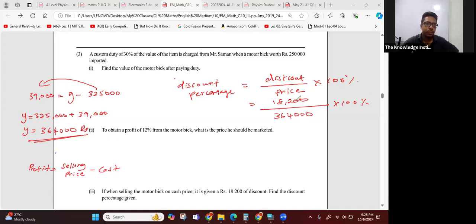Then we can cancel these two zeros with these two zeros, and this zero cancels with this. So then we have 182 into 10 divided by 364. 182 into 2, so 10 divided by 2, we get 5%. 5% is the discount percentage.